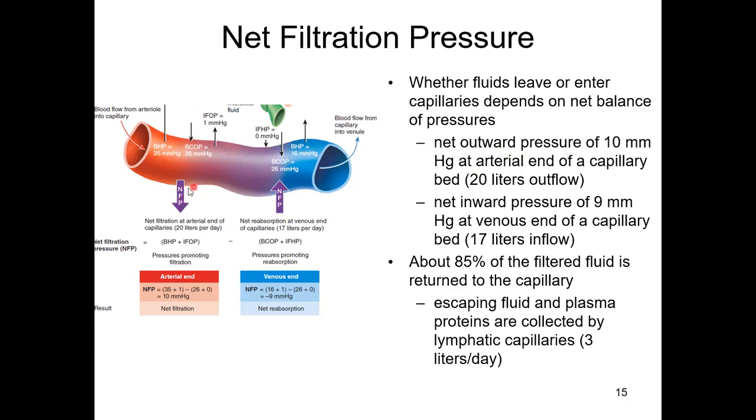So net filtration pressure, take a look at this blue arrow, the sum of all the other forces is pointing out of the blood vessel. So fluid would be moving out of the arterial end of the capillaries to a tune of 5 gallons per day.